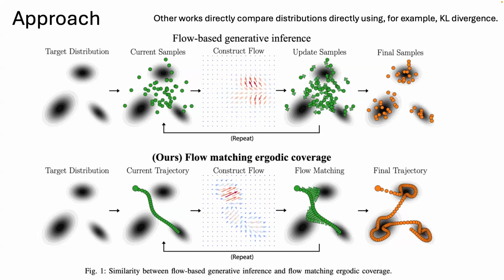Framing ergodic coverage as a flow matching problem, do you think that was kind of obvious or really elegant? Didn't strike me either way.